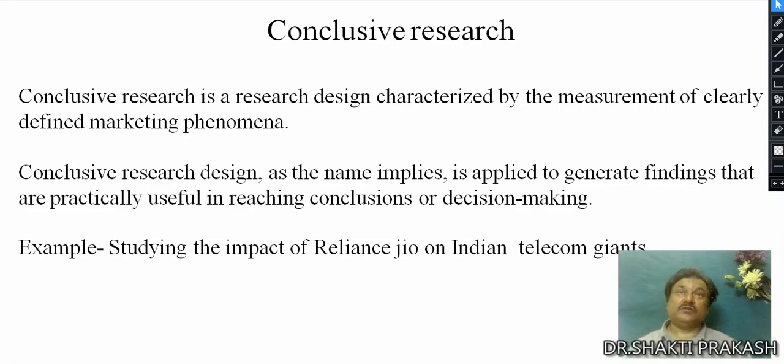Then they were successful. So first they studied what the impact of this would be, what the impact on the competitors would be. Then they decided. So in this conclusive research, we discuss these things.